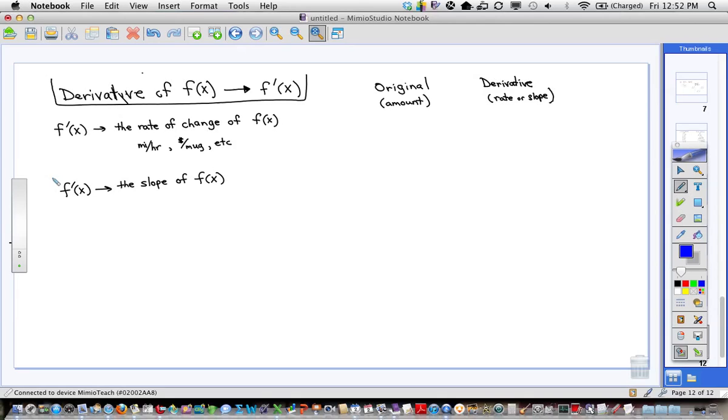So we have an original function f and its slope or rate function f prime. So the original would be like the amount of miles you travel, the amount of dollars that you make on the mug. And then its associated derivative would be the dollars per mug or the miles per hour that you travel.